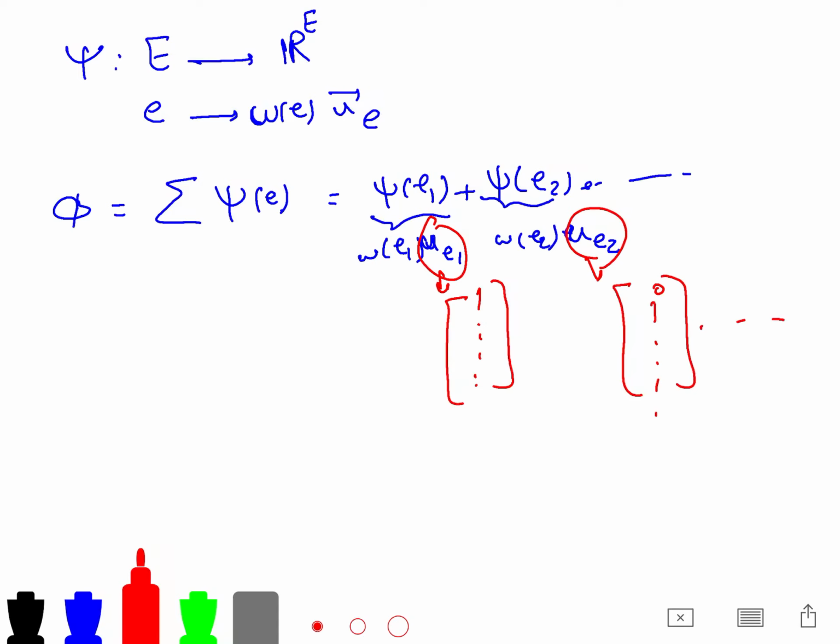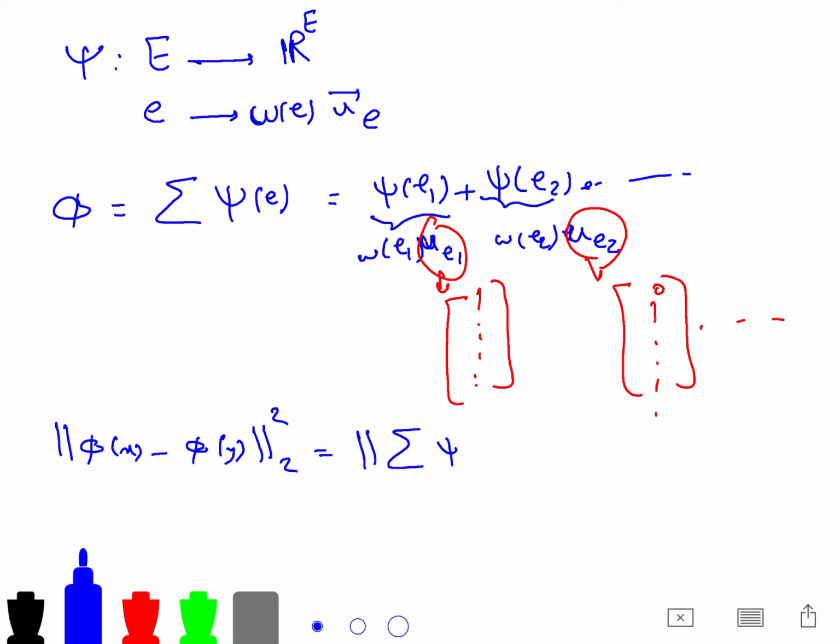If we rewrite this norm, to see what happens to the distortion, we need to check the expansion and contraction as usual. The norm of f of x minus f of y is the sum of psi of e over e in pi of x minus the sum of psi of e over e in pi of y.